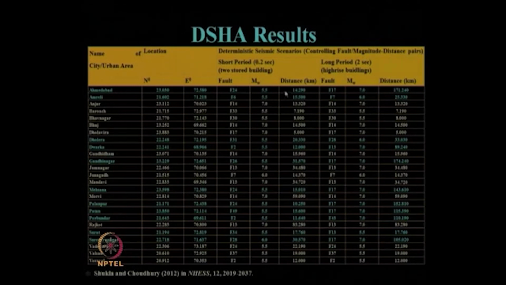2 major cases. If you see this broad classification of the table, one is for the short period case. Short period means we have taken a specific value of, let us say, 0.2 seconds, as mentioned over here, which is typically about a 2-storied building. Why? I have already mentioned it is a thumb rule, not exact. The exact period we can easily find out, which I will discuss later in another module of this course.